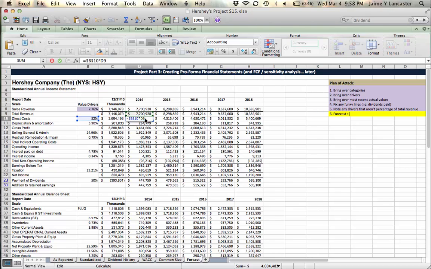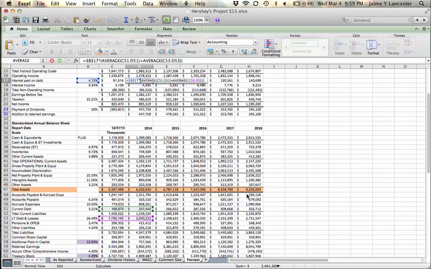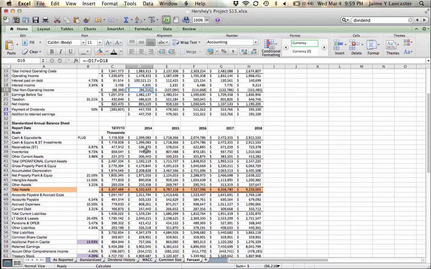And then I just go through these one by one to make sure that they are what they're supposed to be. I especially check things like depreciation and amortization, which need to be a value driver multiplied by an average. Just like interest paid on debt, which needs to be a value driver multiplied by the averages of two columns. Or interest income, which is another one based on an average.